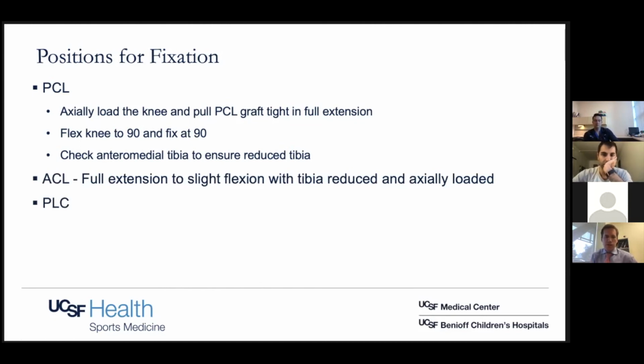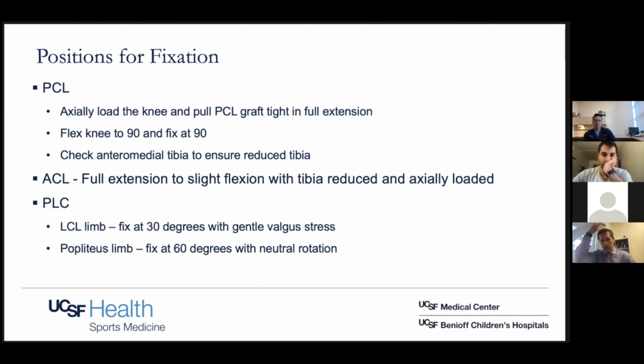And then for the posterolateral corner, if doing the combined reconstruction, the LCL will be fixed at 30 degrees with just a gentle valgus stress. You don't want to do too much, especially in the setting of an MCL injury where you could overly gap open; you could really close down the lateral joint by doing that.